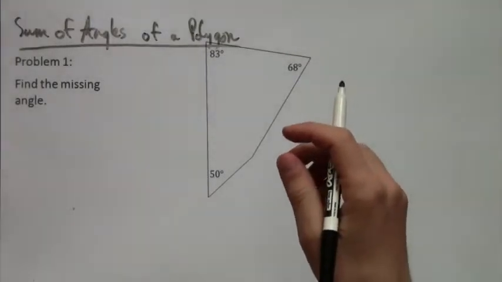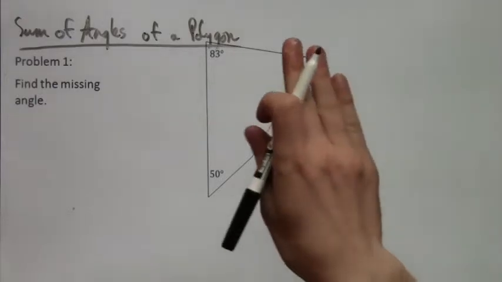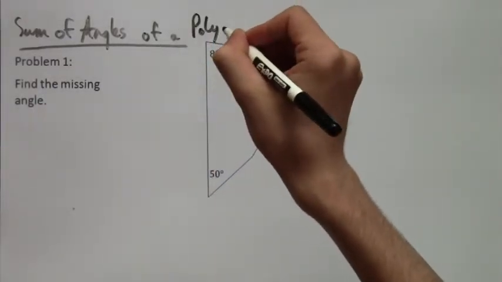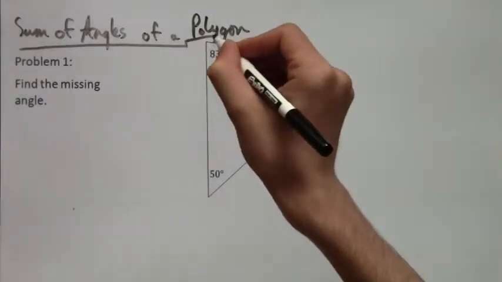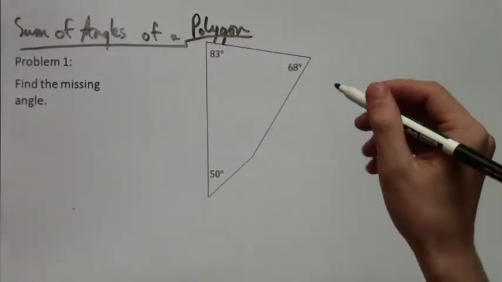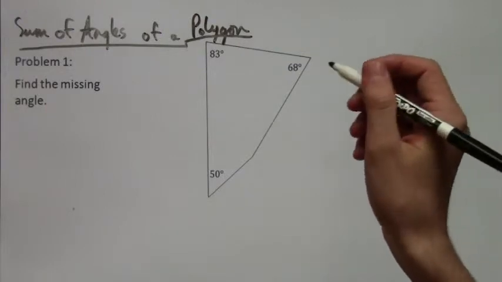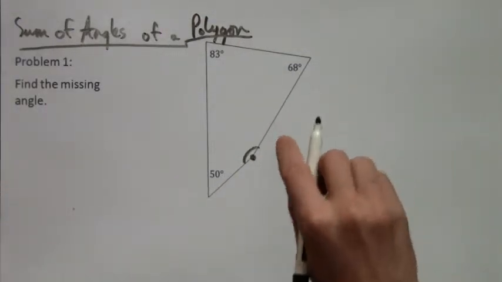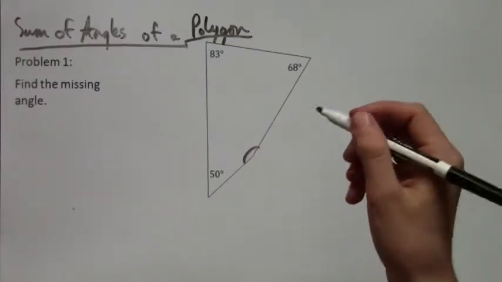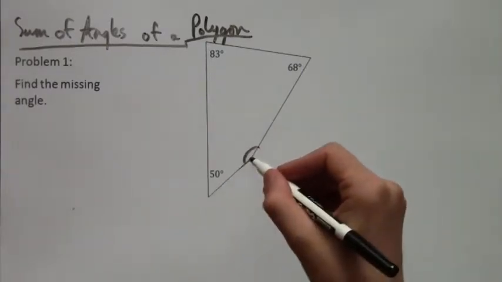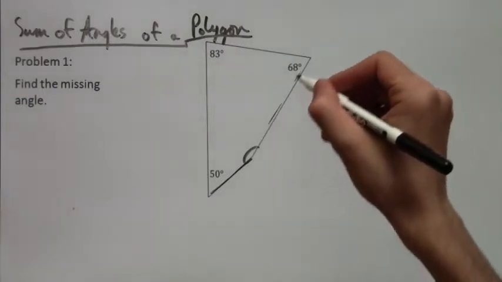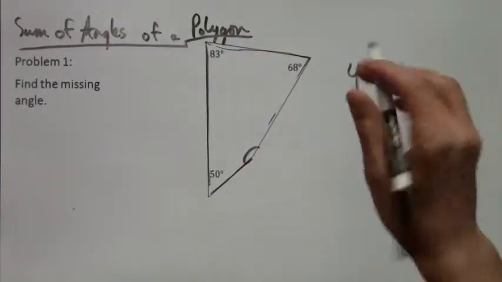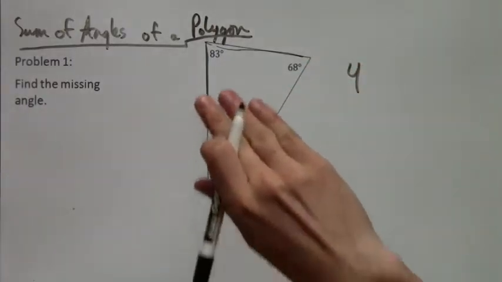So now let's do some problems that will use this fact. This is the first problem, and we'd like to find the missing angle. There's only one. So I'm going to label it first. I'm counting here, we've got 4 sides, so n equals 4 in our formula.